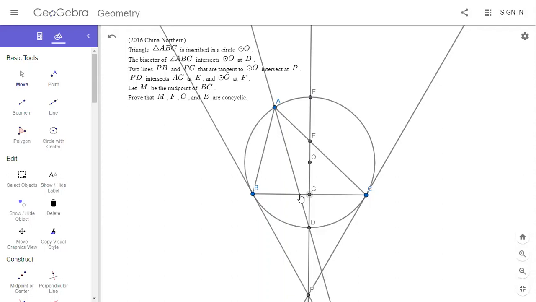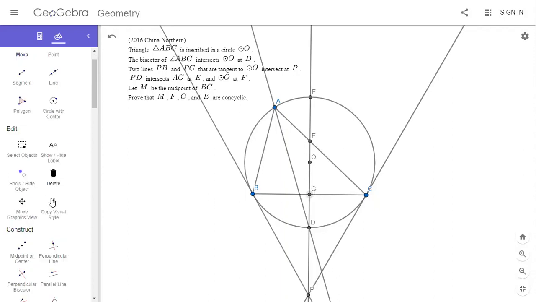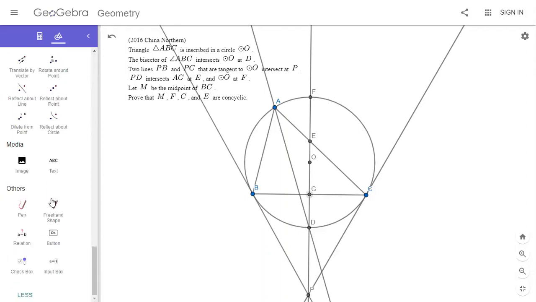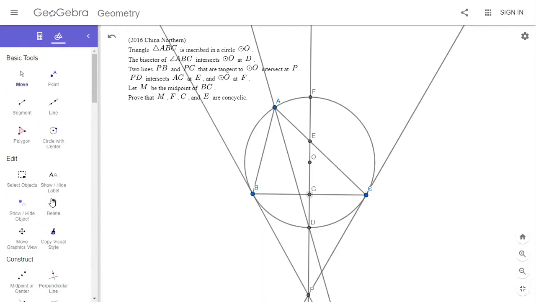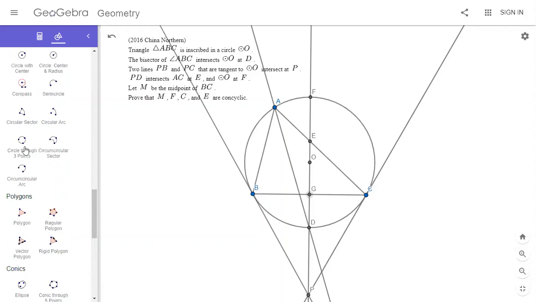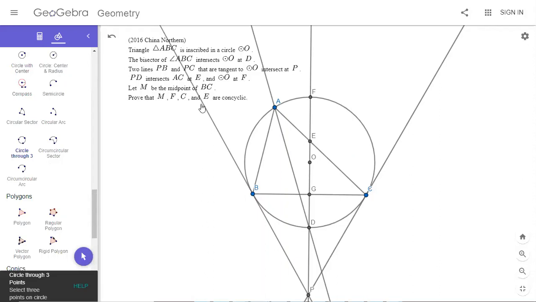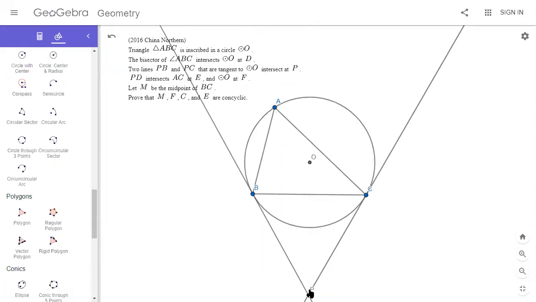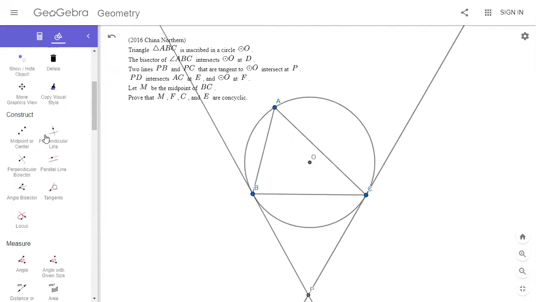C at E and intersects the circle at F. M. Yeah, I know I had this working before, so let me see. I think the bisector of, you're right. It's the bisector of ABC, not BAC. Okay, so I got to redraw this a little bit. Good point there.